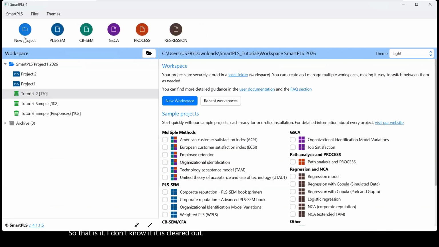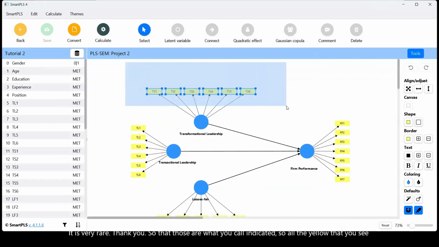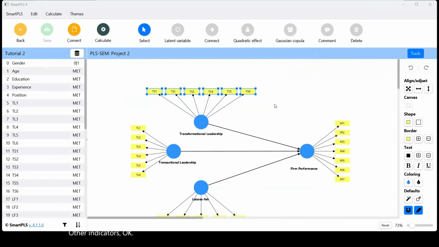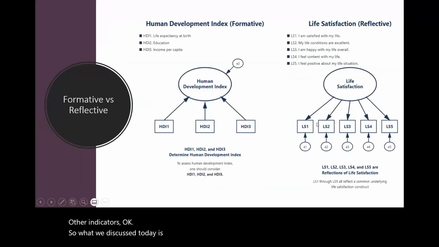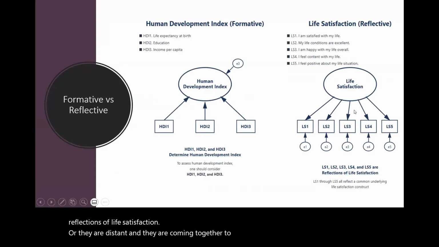Thank you. So those are what we call indicators. All the yellow that you see here are the indicators. So what we discussed today is that you want to know whether these questions are just reflections of life satisfaction, or whether they are distinct and come together to form life satisfaction.